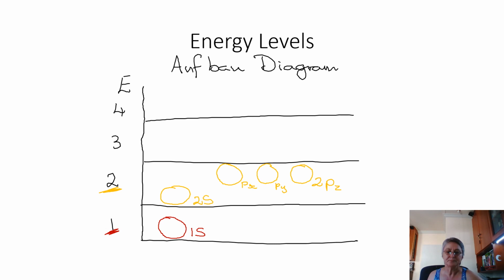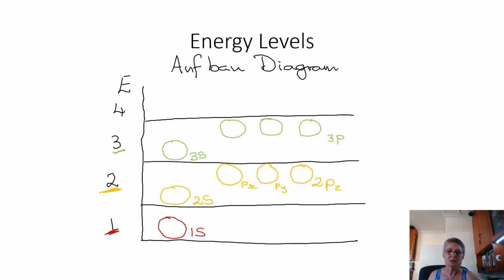Then the next lot is energy level 3, where we have a 3s orbital and the 3p orbitals. We know that they're the px, py, pz orbitals, but that's not of importance right now.